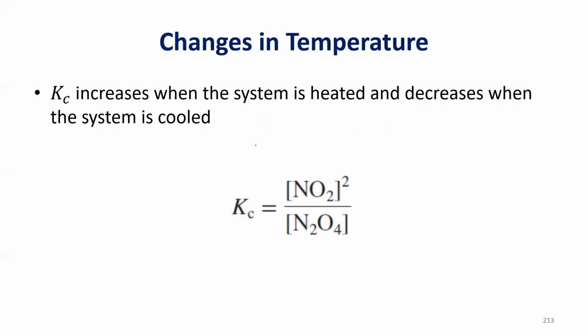So if you consider the increase in temperature, let's just redo it here so that we can follow the point that I want to make. If you increase the temperature, what happens?